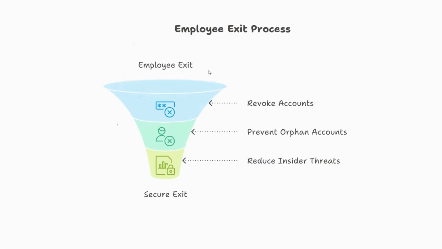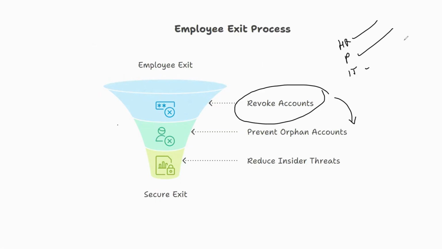Then let's understand a quick employee exit process. First, you revoke the accounts. You prevent the orphan accounts because you have revoked them. Now you verify it on the back end and see, okay, HR accounts done, payroll done, IT done. You may be using exit formalities and all of this. So on the back end, accounts are getting revoked.